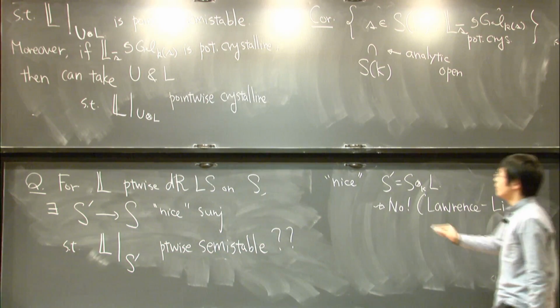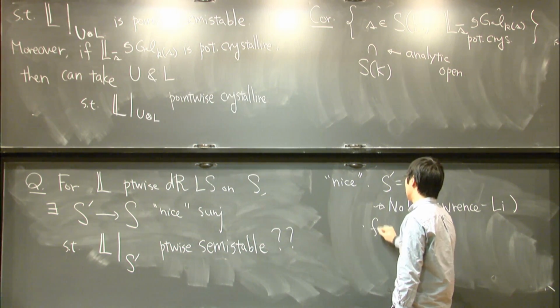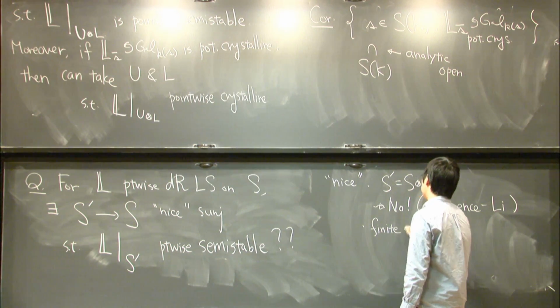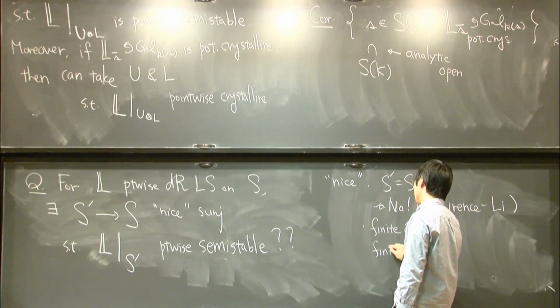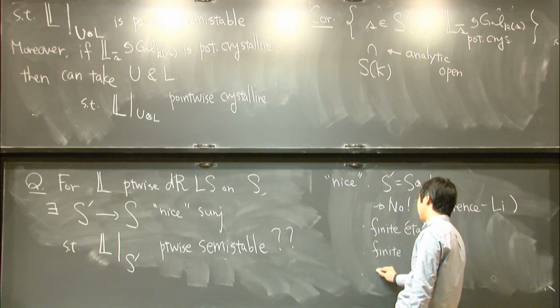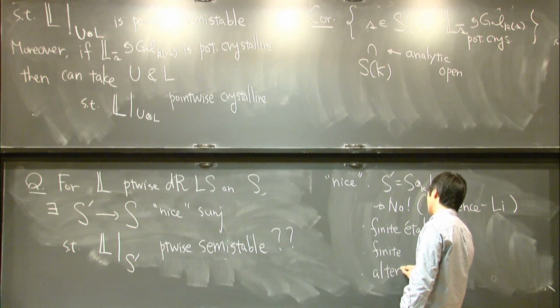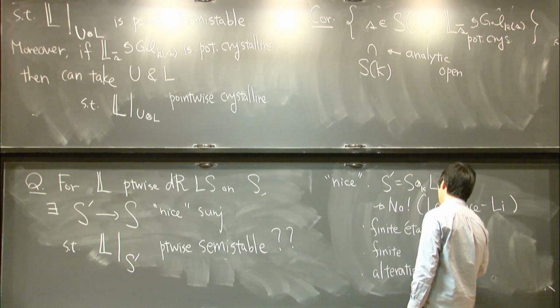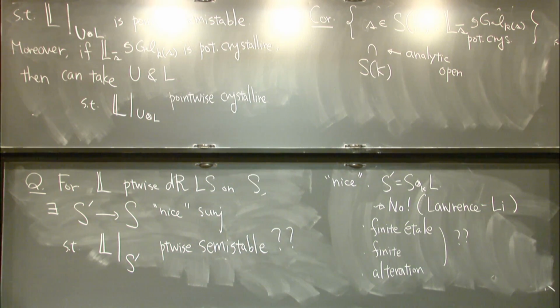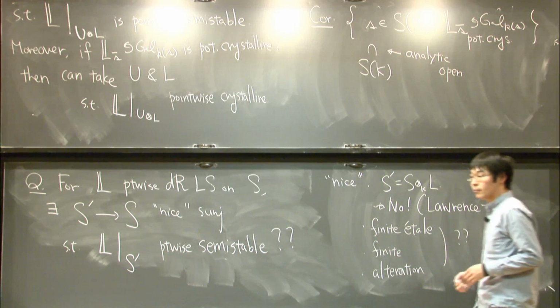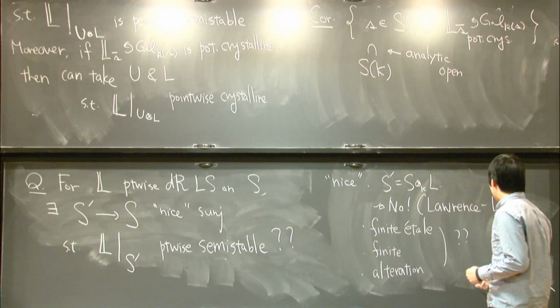Then maybe you can ask whether this is true for a finite étale cover or finite cover. Or maybe the weakest thing is an alteration. And then I think we don't know much about these global conjectures. Which Lee is that? Shijian Li.